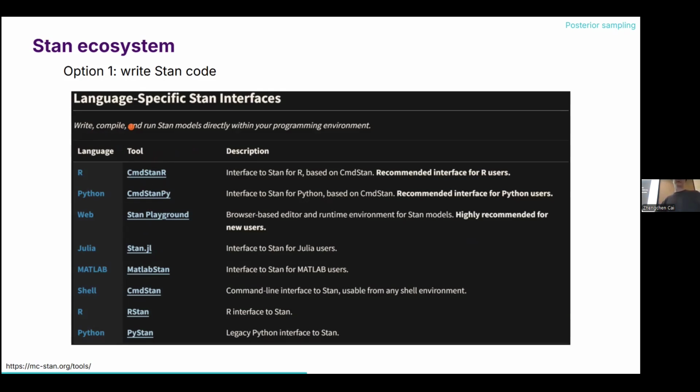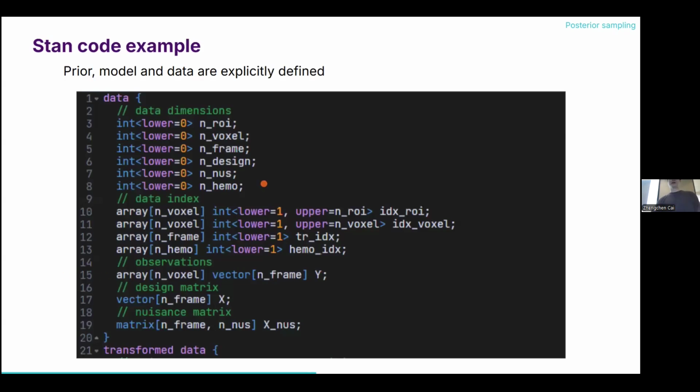You write, you compile, and you can run the model within your R environment or Python if you want, or Julia. MATLAB also works, but it seems it's not so supported anymore. Usually I use CmdStan or RStan. And here is an example of what Stan code looks like. It's just different chunks. You define your data.